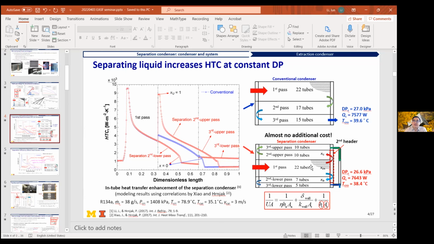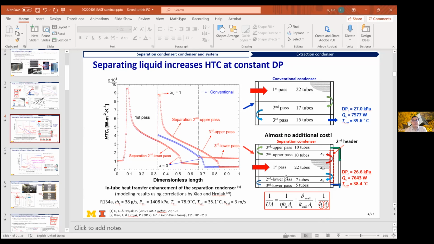I only know that the heat transfer coefficient is about 5 to 8 times higher. But how it affects the heat exchanger level and the system level, to do the estimation on each level, we need a rough model.